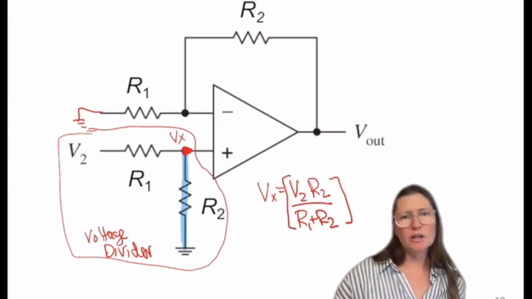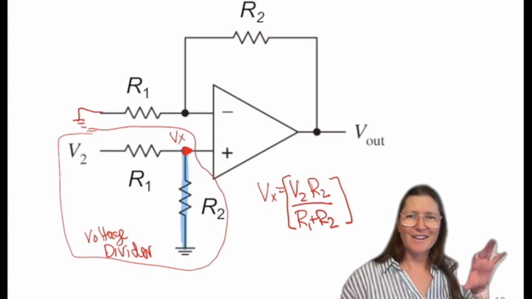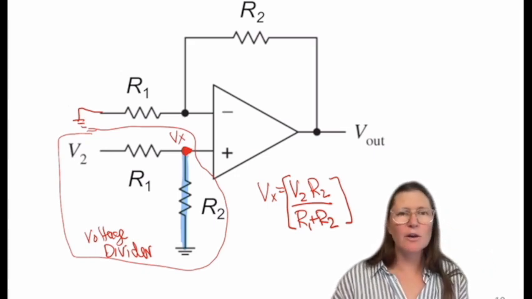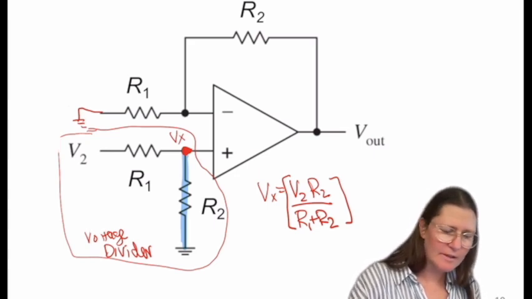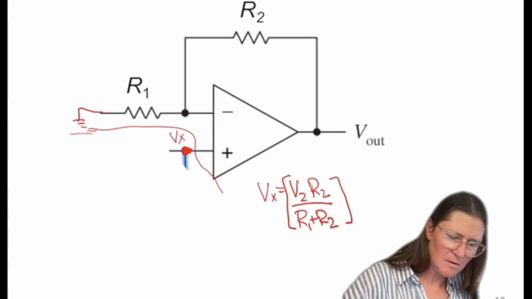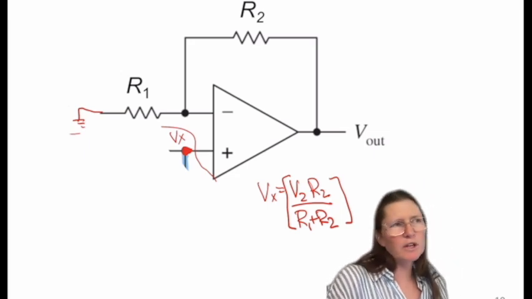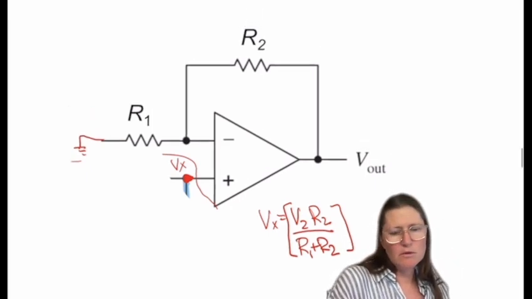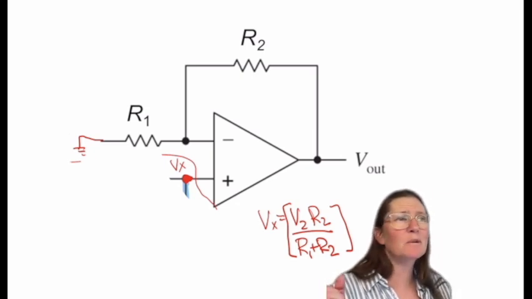And then you can either lump all that up into, okay, I only see Vx here. So Vx is my input in there. What configuration do I have now? How many inputs does it have?